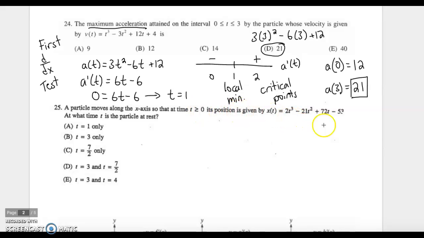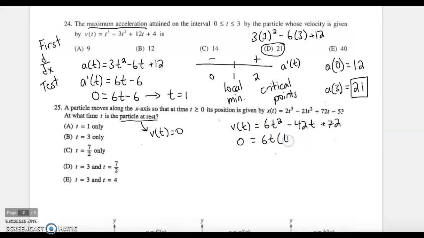All right, moving on to a particle moves along the x-axis so that at time t greater than or equal to 0, its position is given by this function. At what time t is the particle at rest? If my particle is at rest, that means that my velocity equals 0. So I'm going to find my velocity function and set it equal to 0. Here's my velocity function, 6t squared minus 42t plus 72. I'm going to set it equal to 0, and it looks like I have a GCF of 6.